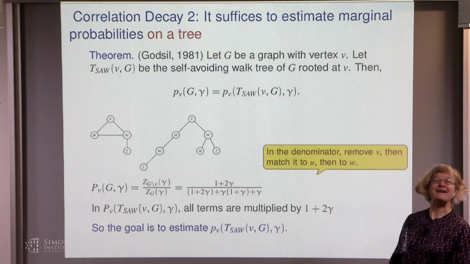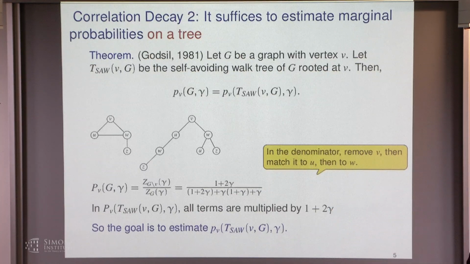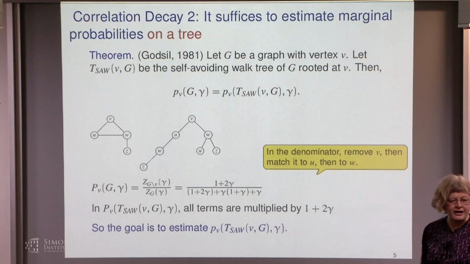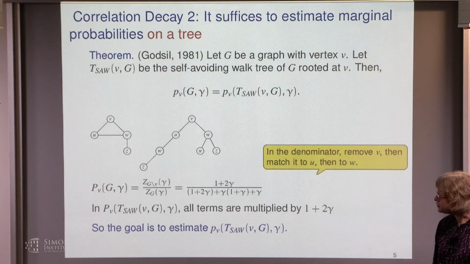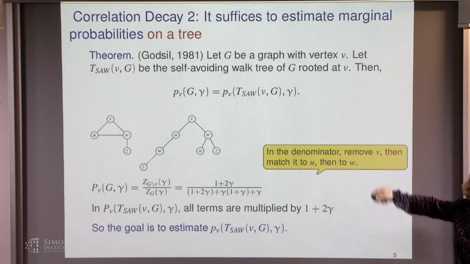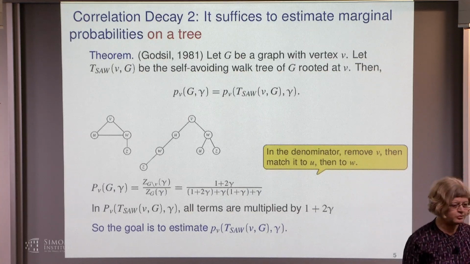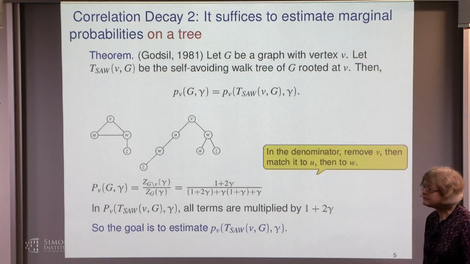For some reason I wrote down the polynomial for this particular graph, but it's always the same, just algebraically. So if you wanted to estimate this marginal on a graph G, all you would need to do is write out this self-avoiding walk tree and estimate the marginal probability from the vertex that you care about. OK, so that's good.